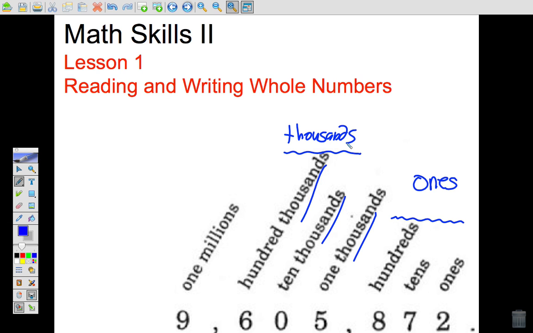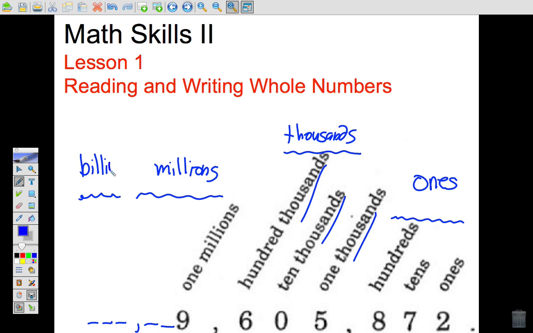Now how about the next set of 3? I don't have all these shown on this chart, but what would be a general term we could use to categorize that set of 3? Well, it goes 1 millions, 10 millions, 100 millions, so we could say those are the millions. And then we'd have our comma, and then our next set of 3 would be the billions.